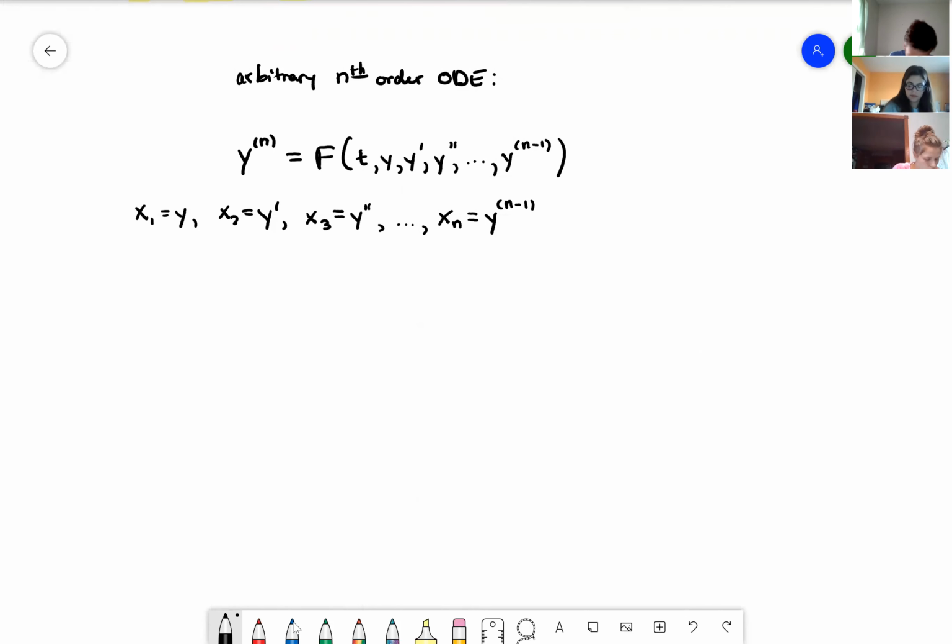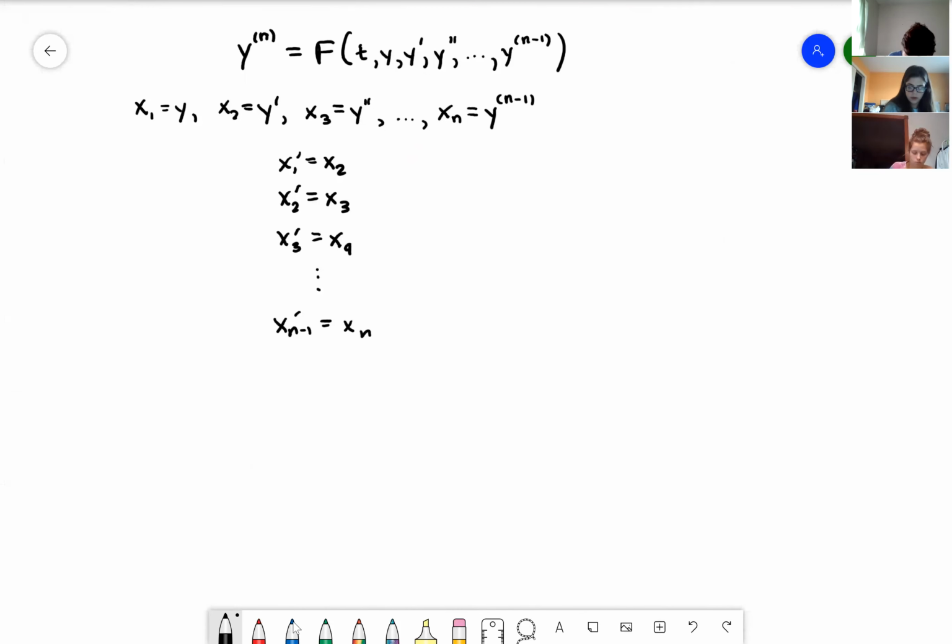And then what we get is that x1 prime is equal to x2, x2 prime is equal to x3, x3 prime is equal to x4, and so forth, all the way down to xn minus 1 prime is equal to xn. And finally, xn prime is equal to this big function on the right-hand side, so any function in terms of everything.